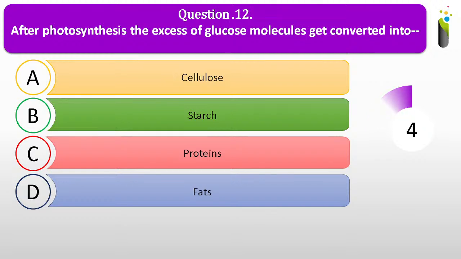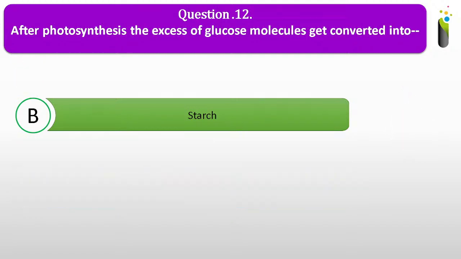The correct answer for this question, number 12, is that after photosynthesis, the excess of glucose is converted into starch.